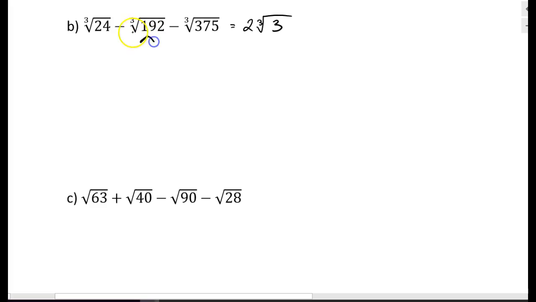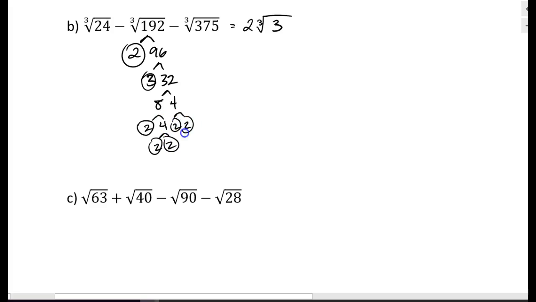If you want to prime factorize that, 192, 96, 48, 32, 8 and 4, 2 and 4, 2 and 2. So prime factorizing, I want to find how many cubes I have.